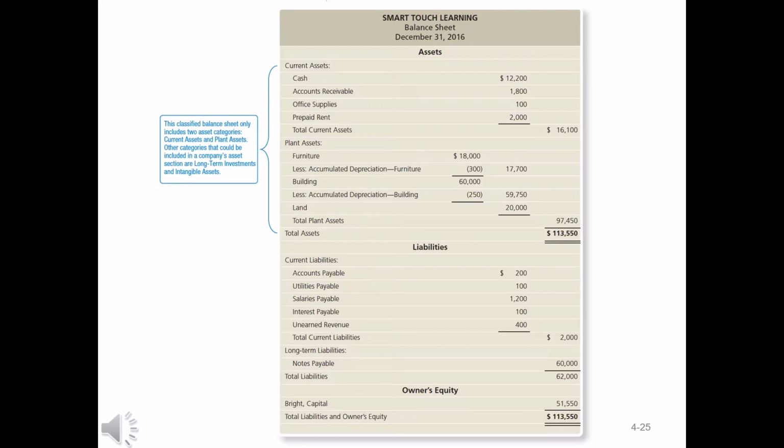Within these classifications, such as current assets, we will also arrange these based on their liquidity, with cash always being the most liquid, accounts receivable usually being the next most liquid.